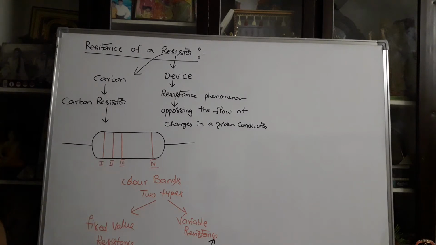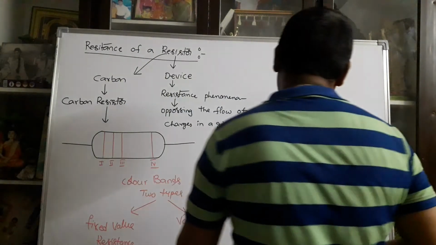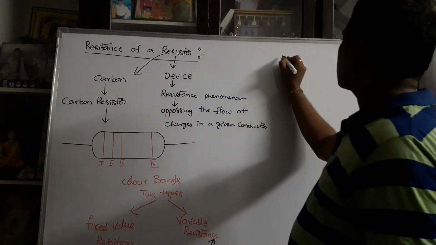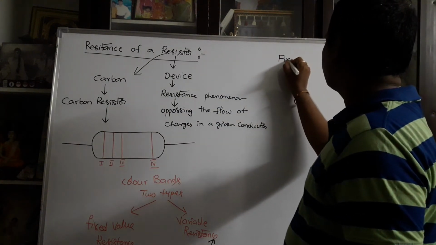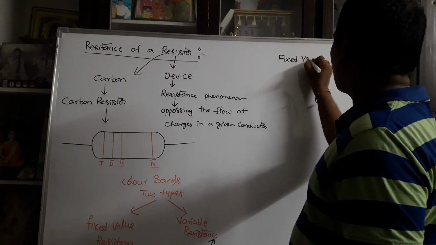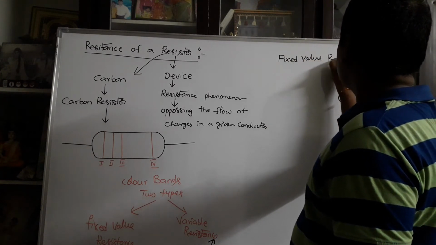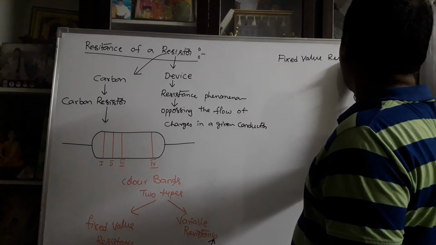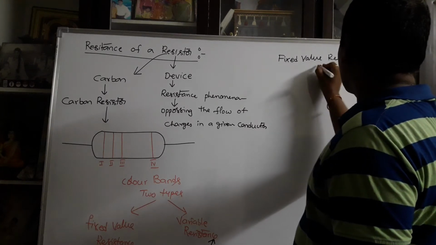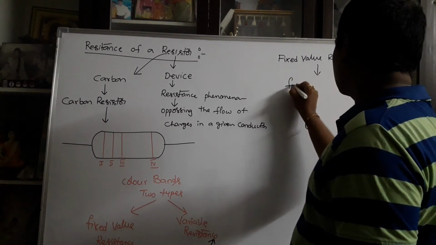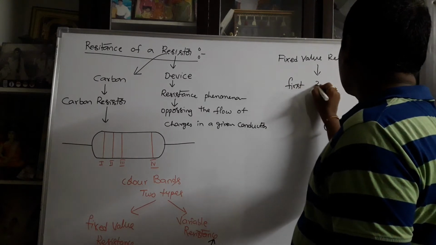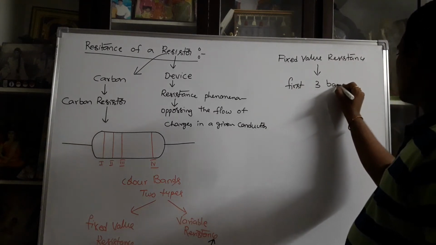What is the fixed value resistance in terms of color bands? For a fixed value resistance, how many color bands do we require? We require the first three bands of colors.